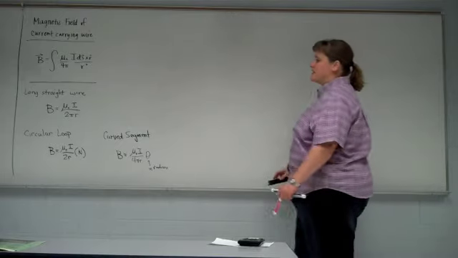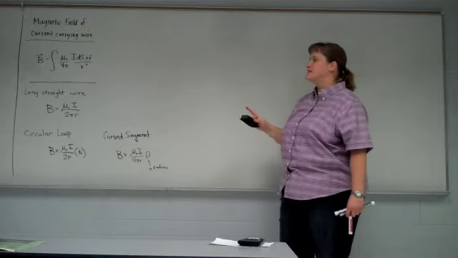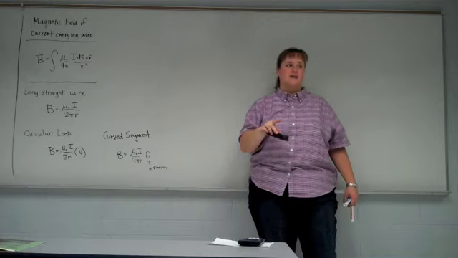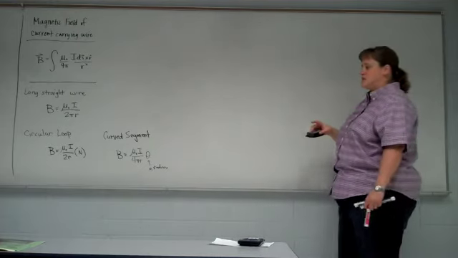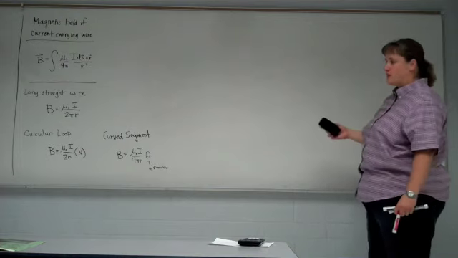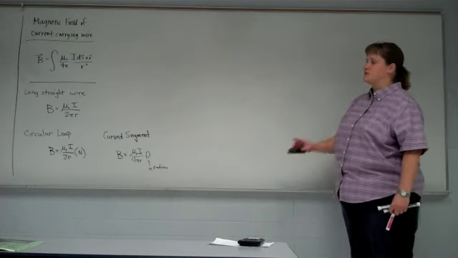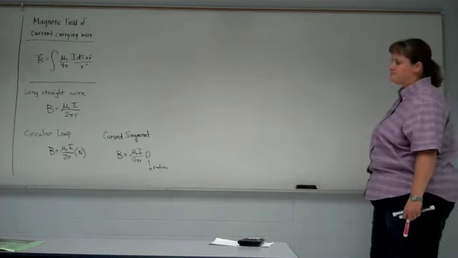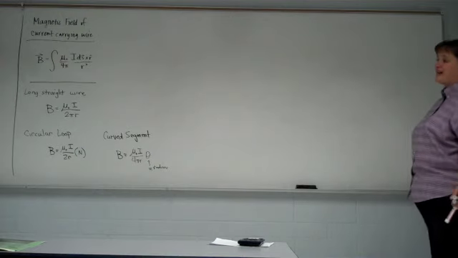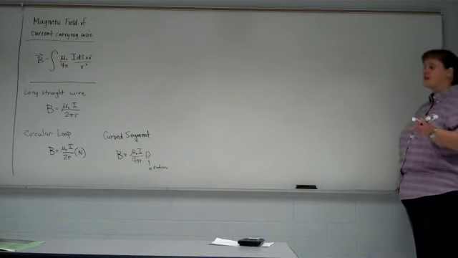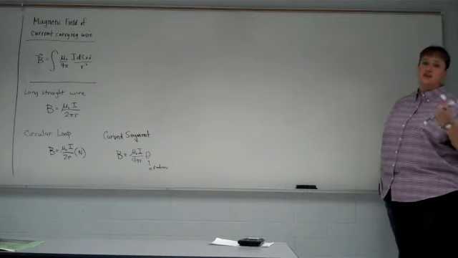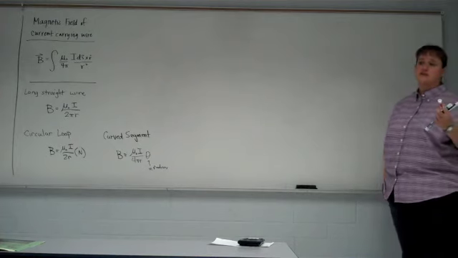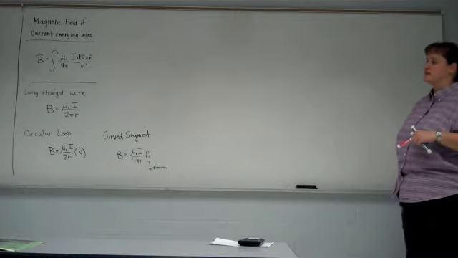All of these equations are the magnetic fields created by the wire that's carrying current. So it's its own magnetic field. If you have multiple wires, you simply find their individual magnetic fields and you can add them up. Turns out if you have multiple wires and they're all carrying current, they can actually interact with each other. They can exert forces on each other, depending upon how their magnetic fields meet up.